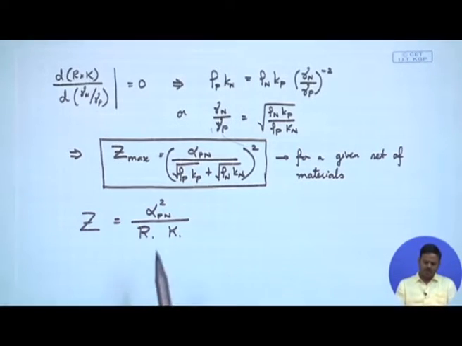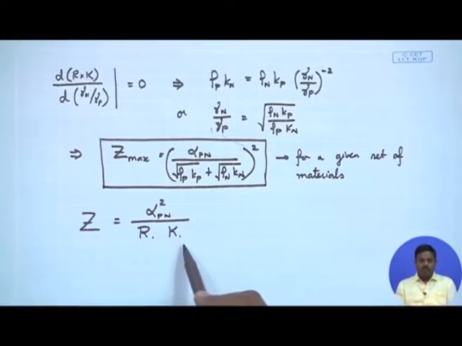Okay. So, what do I have to do? I have to maximize alpha, I have to minimize electrical resistance, but I have to minimize thermal conductance also.